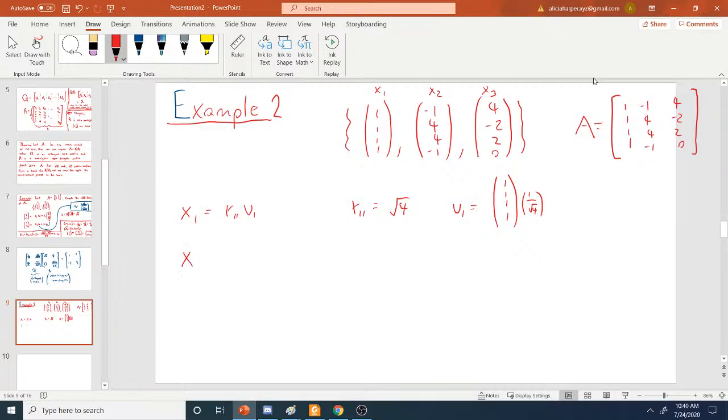And then I found that x2 was equal to R21 times U1 plus R22 times U2, where, let's see what these were.